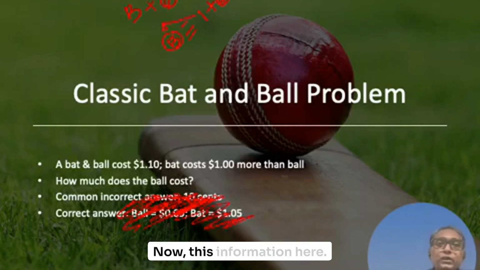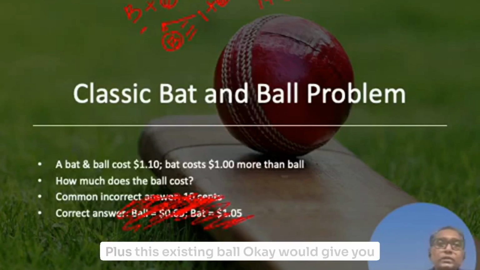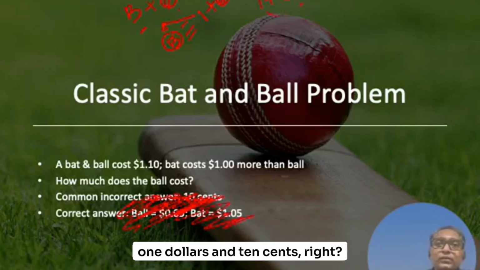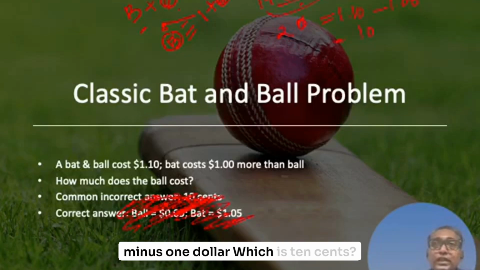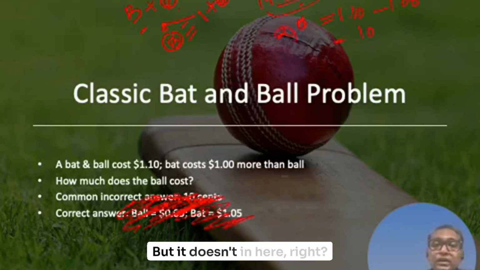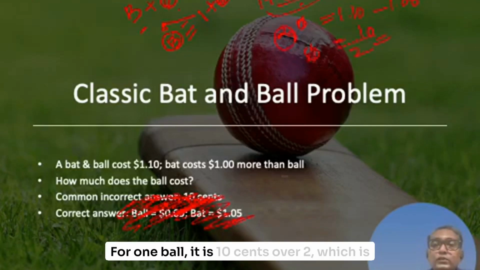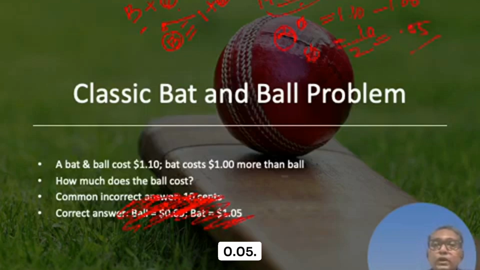Now, with this information, the bat is equal to 1 plus the ball, plus this existing ball, which would give you $1.10, right? So if you bring this here, then 2 balls is equal to $1.10 minus $1, which is 10 cents. But it doesn't end here, right? For 1 ball, it is 10 cents over 2, which is 0.05.